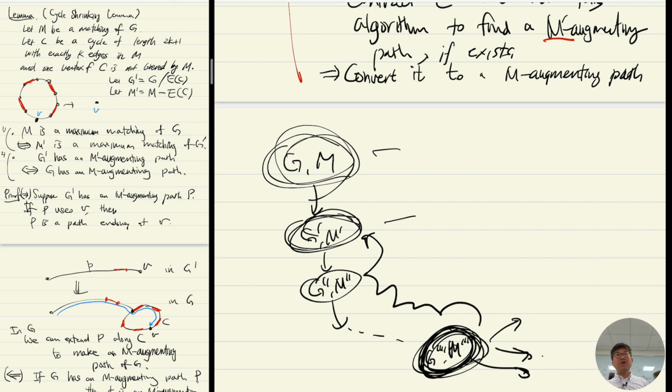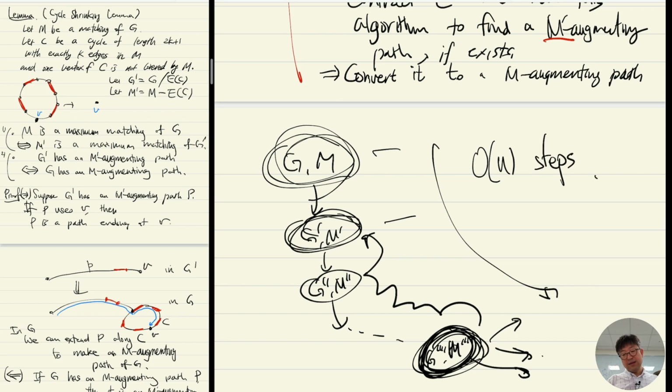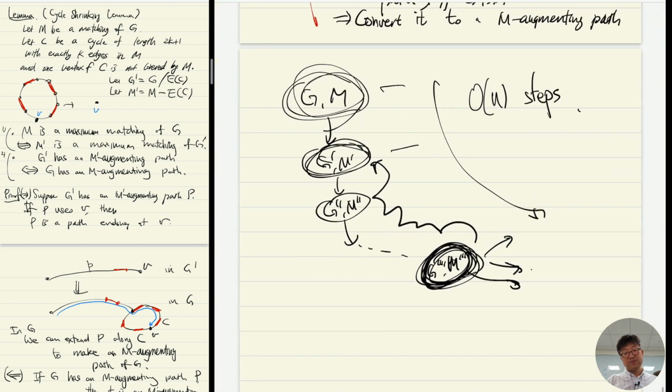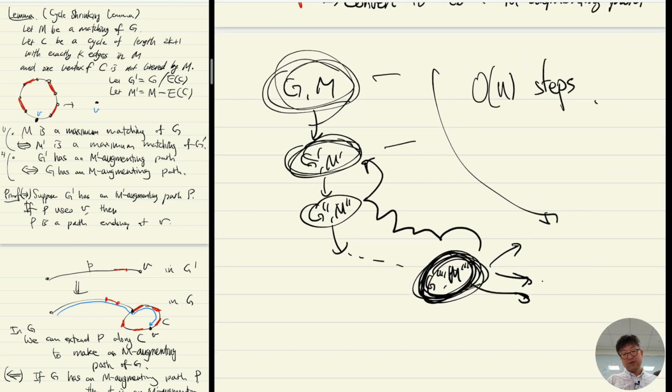Okay, and all of these things can be done in polynomial time, right? So the number of steps is at least linear, and then inside you run this algorithm to find the path. I should say O(n), the depth of recursion is O of n.